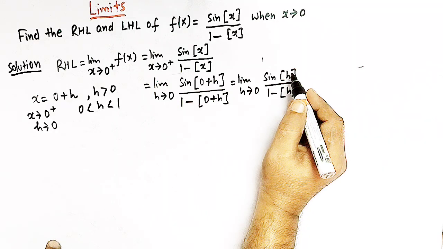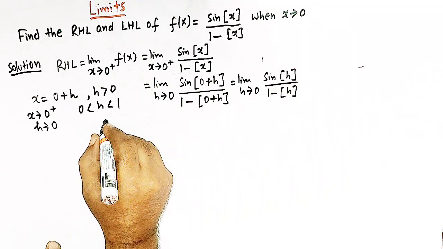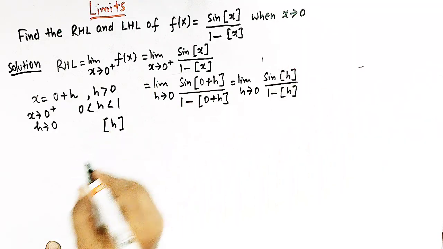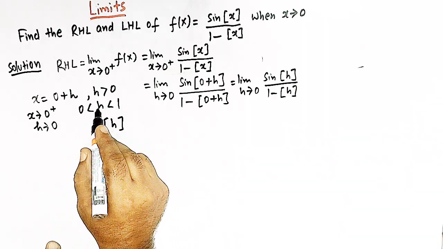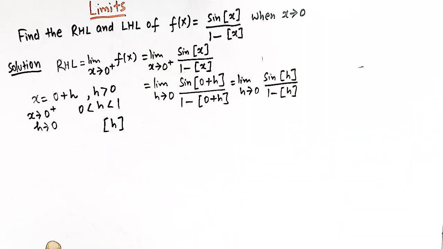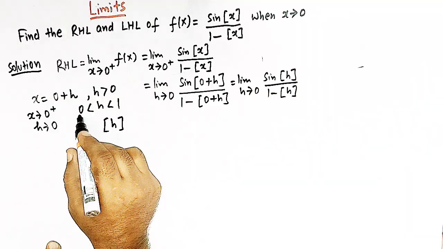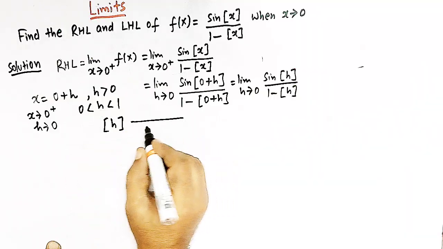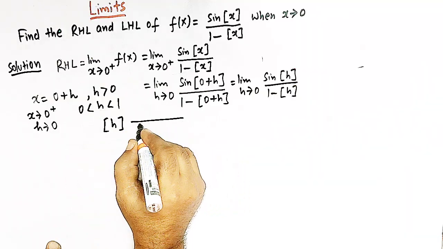Here h is infinitesimally small and lies between 0 and 1 on the real number line.